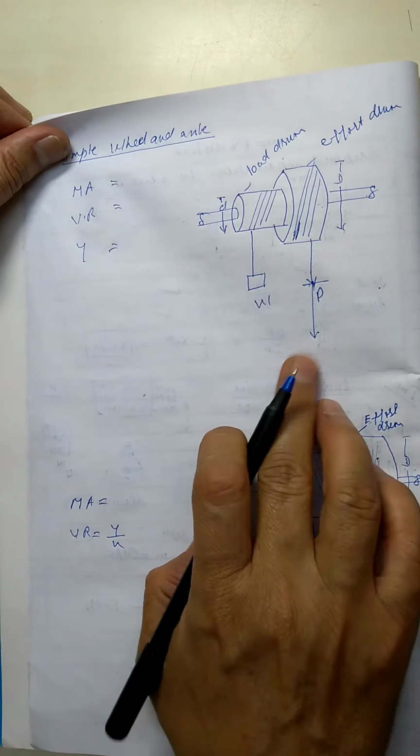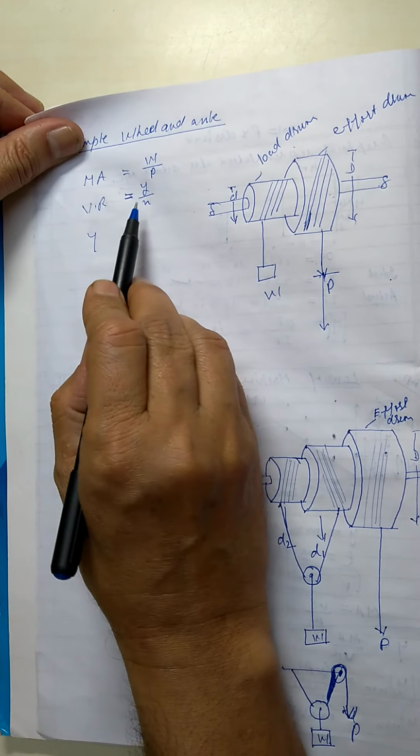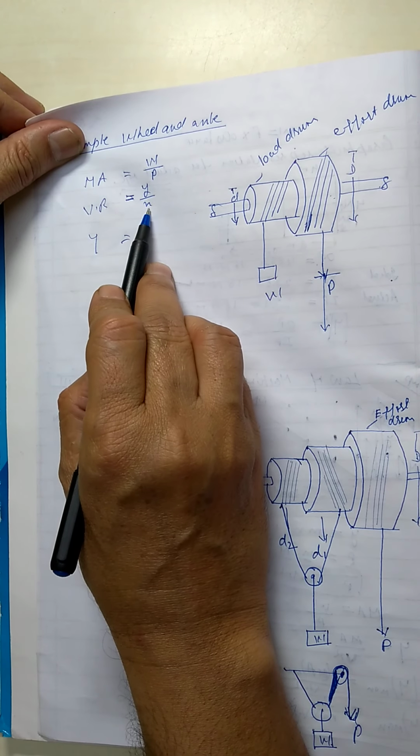Now first of all, in this machine, what is mechanical advantage? The formula for the mechanical advantage is same in any type of machine, which is a general formula. That is, mechanical advantage is equal to W upon P. Now velocity ratio. As the velocity ratio is concerned, its general formula is y upon x. That is the distance moved by the effort divided by the distance moved by the load.